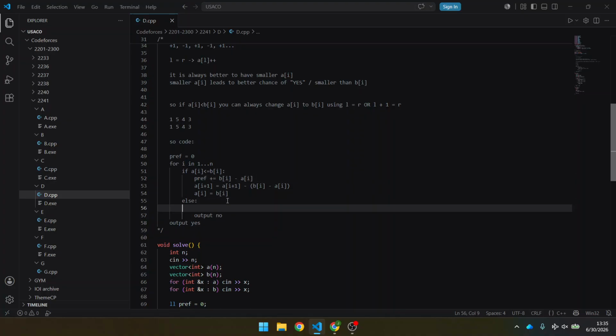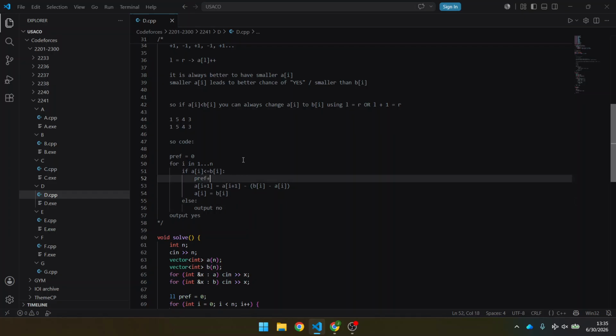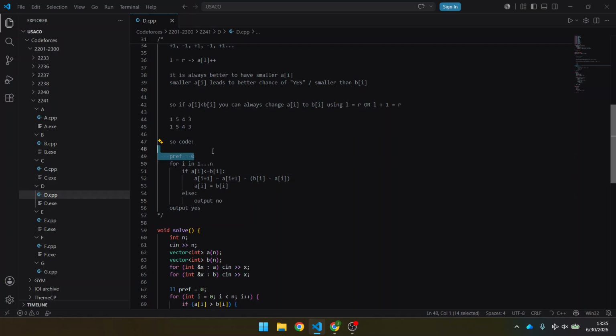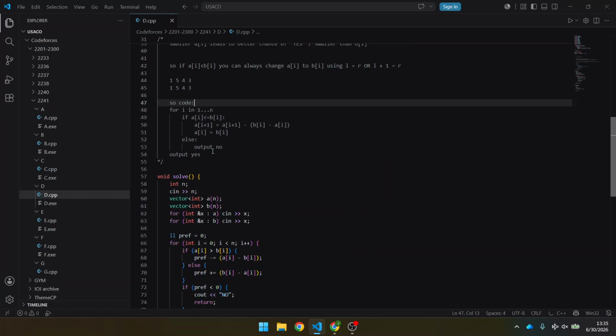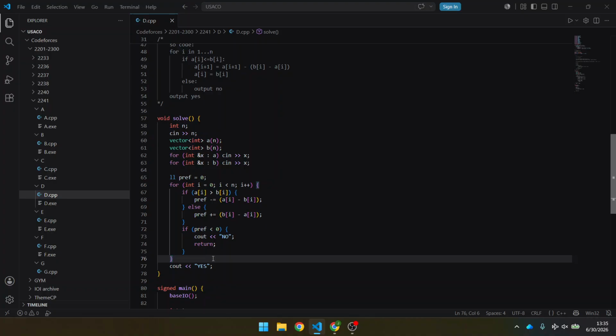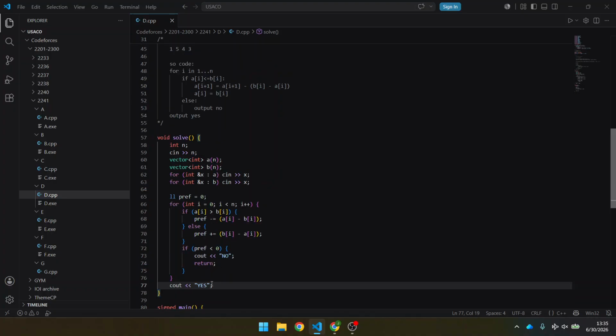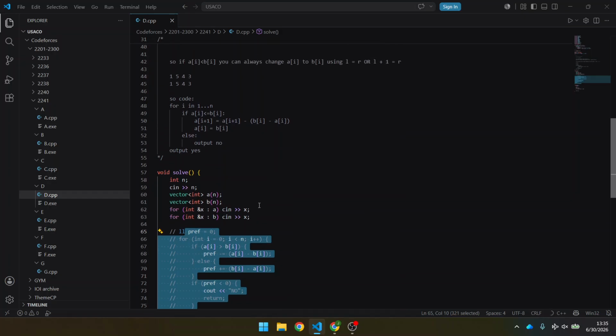And otherwise we do pref minus equal to. Well, actually, I think this code is simpler, so I'll just keep this code. Actually, I'm curious, would that work compared to my code over here?